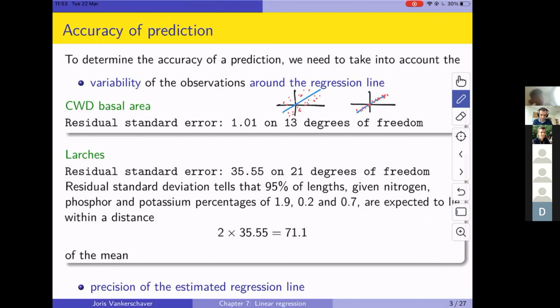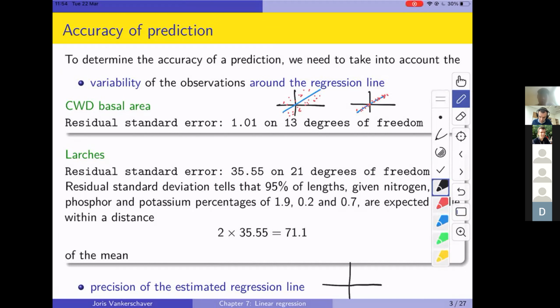And so that's one source of variability, but it's not the only source of variability. The other one is a bit squeezed in right here, but don't forget this one as well. The second source of variability is the precision with which we've estimated the coefficients of our regression line. So if I try to sketch that again, what do we mean by that?